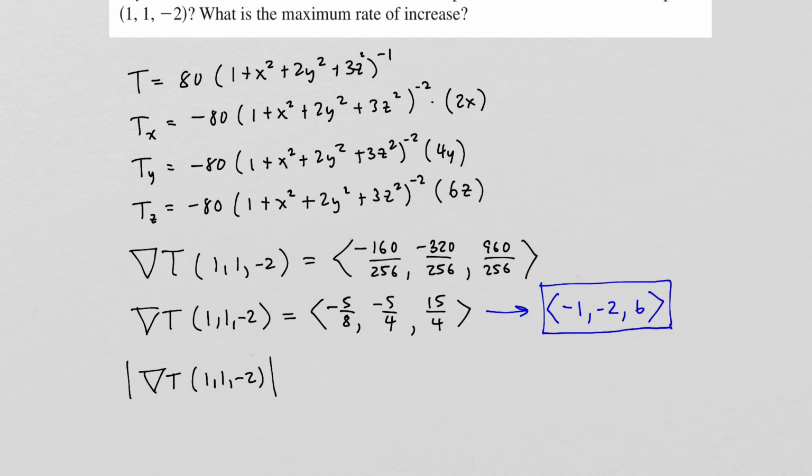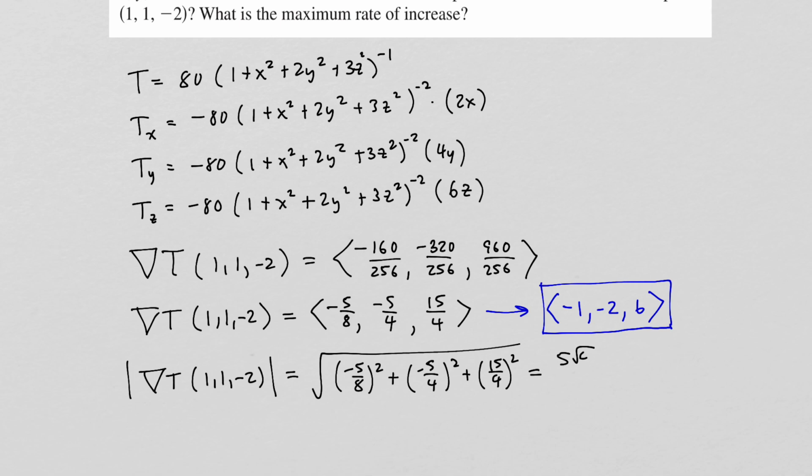But now what is the maximum value? It's going to be the square root of the sum of the squares of all the components of your gradient vector. And if we do the math there, we end up getting 5 radical 41 all over 8. I'll leave the math there to you, but that is what you should end up with.